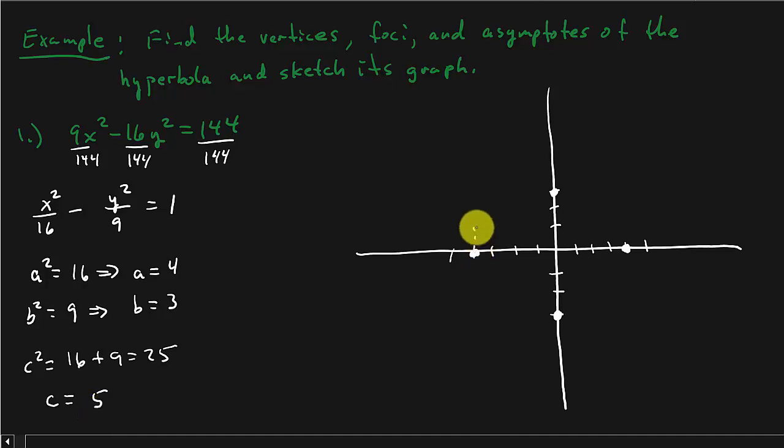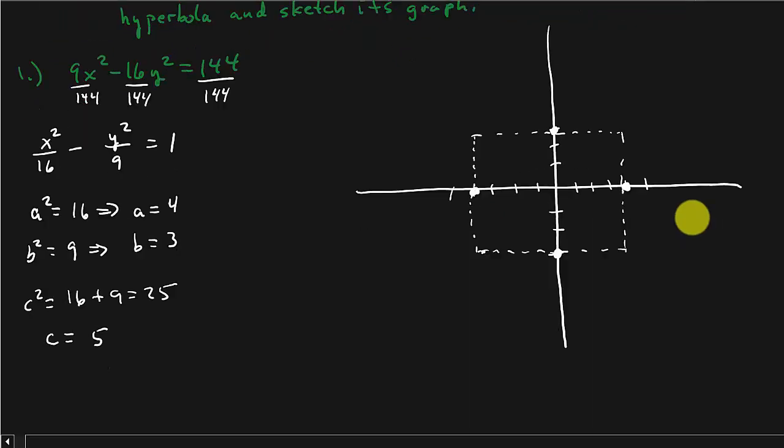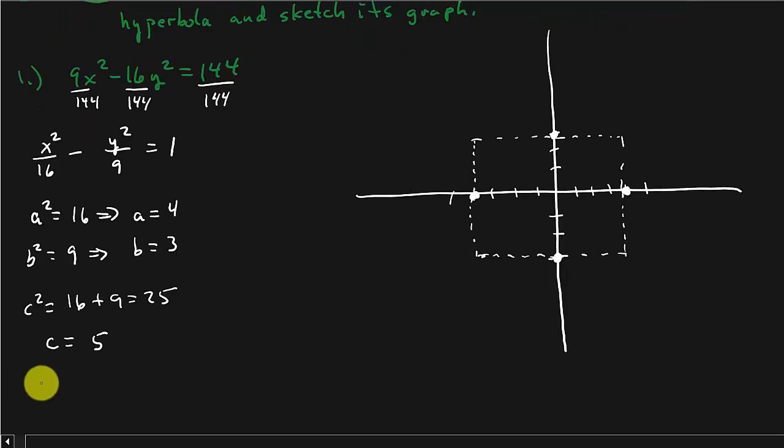So what I like to do is draw this box in there. I'll usually draw this box in there. It kind of helps you draw in your asymptotes. So our asymptotes, that's y equals, okay, the x squared comes first, so that's plus or minus b over a x.